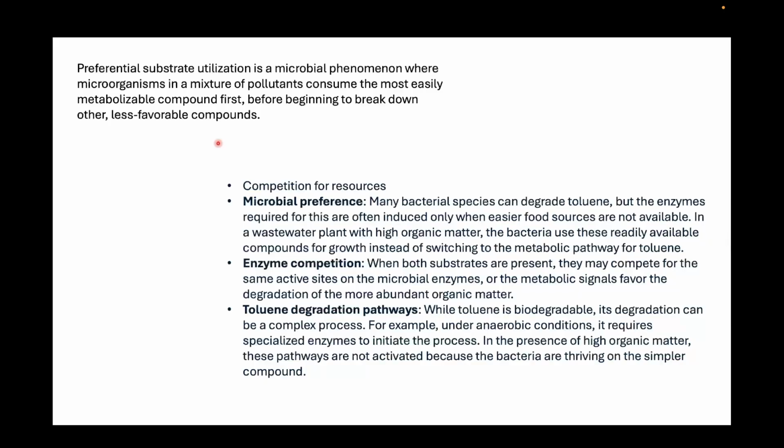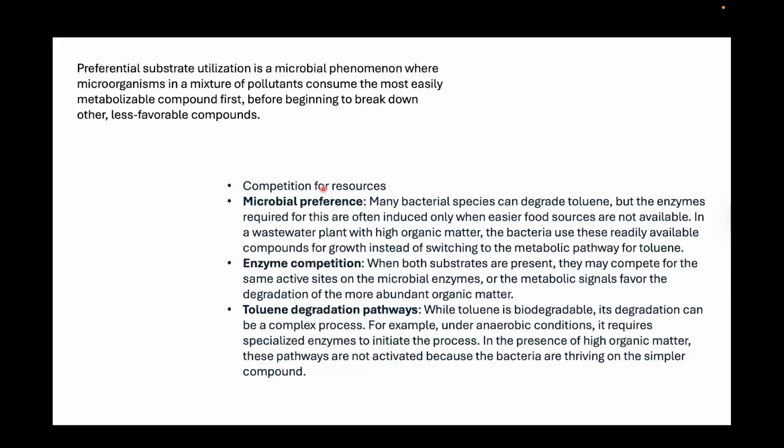The microbe has a preference for which substrate it can easily metabolize. And if it is present in abundance, which was the high organic matter content, then it starts degrading or consuming the most easily metabolizable compounds first. Therefore, the toluene levels did not see any change, but we rather saw changes in the organic matter levels.